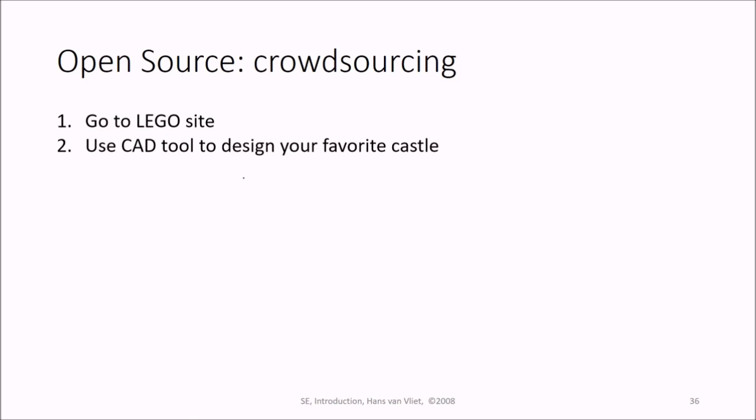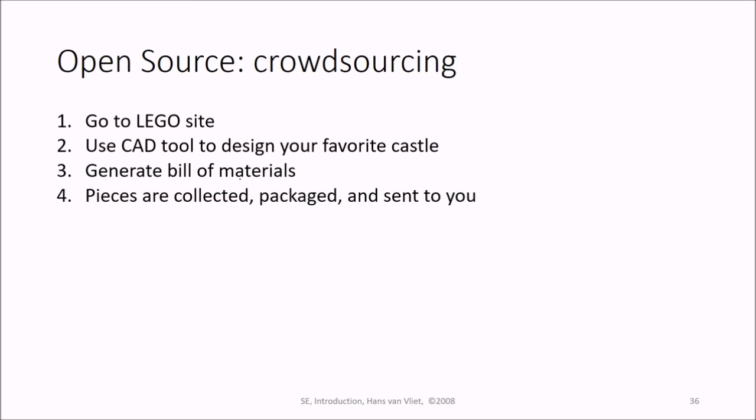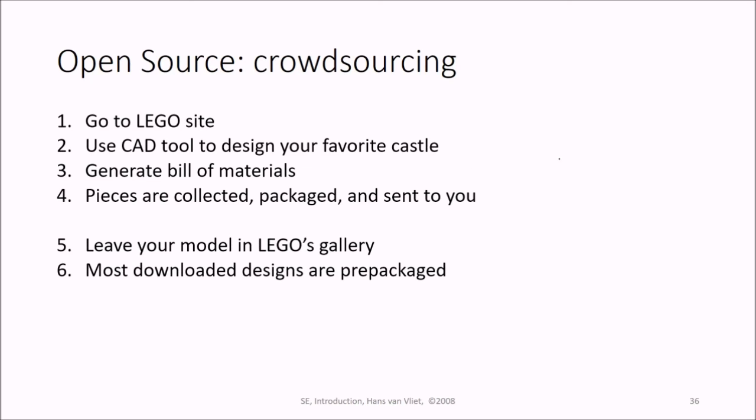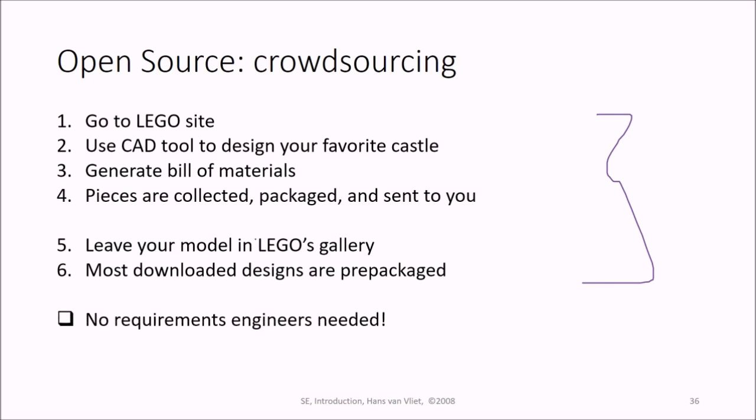We can see that we have various software which are built. You can go to various software which are available to you, and if you find this example, you can easily get what you require without even going to a company to proceed through the software engineering phases. So no requirements engineers needed. This gives rise to a new business model.